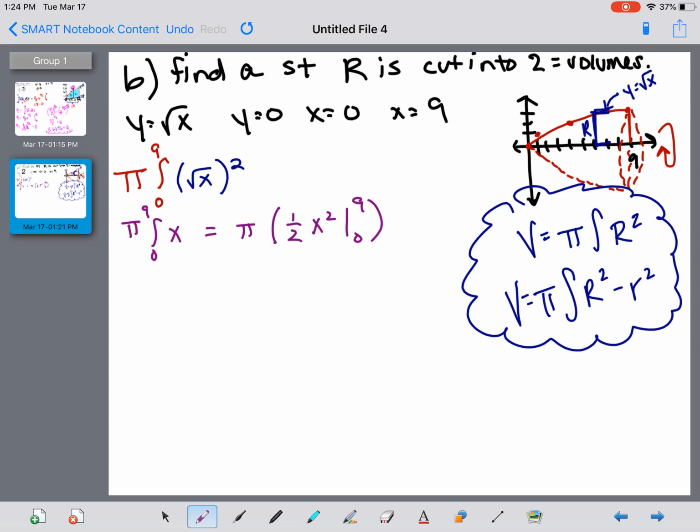I see what I did. I was looking at my notes and I did it wrong on my notes. Okay, so here we get 81 halves pi when we plug in 9. Now that we have 81 halves pi, we know that this is the full volume. This is the whole thing, the whole volume.